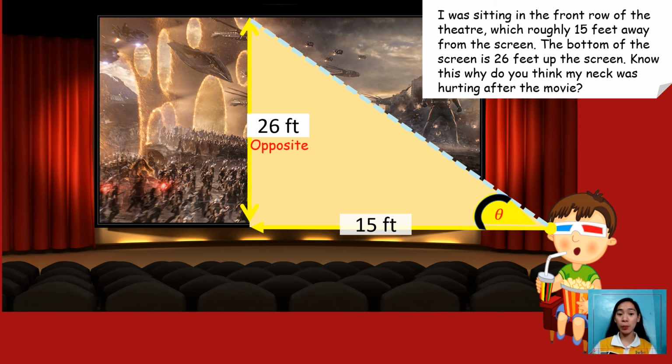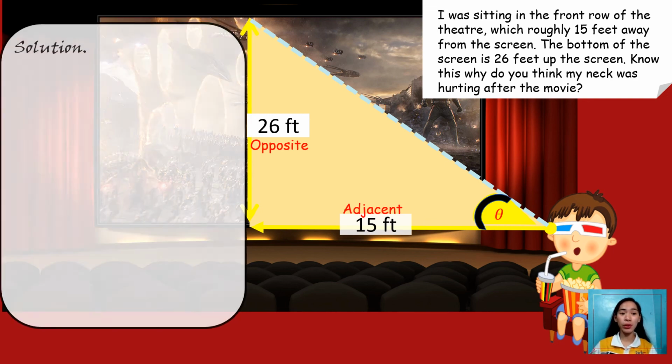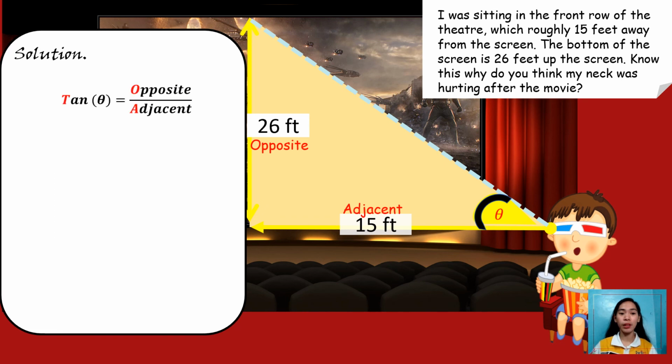If this is our opposite side, so 15 feet will be our adjacent side. So for our solution, we're going to use tangent theta. So TOA, tangent theta is equal to opposite side over adjacent side.